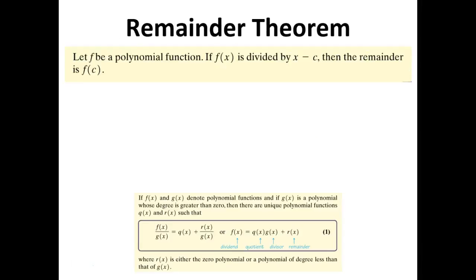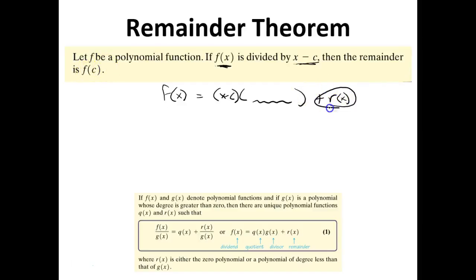Then if f is a polynomial function, this is the remainder theorem. If f of x is divided by x minus c, then the remainder is f of c. This is actually very helpful, because if we take a function and try to factor it into something like this, then whatever the leftover part is, is just f of c.